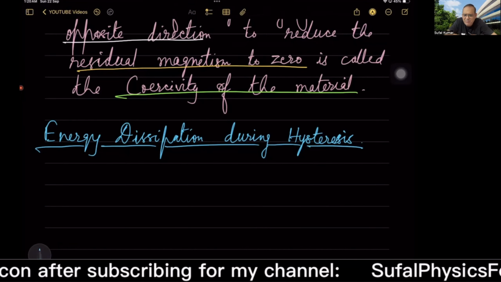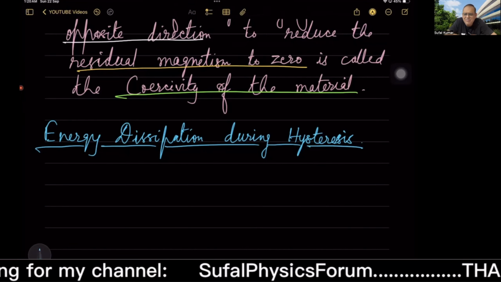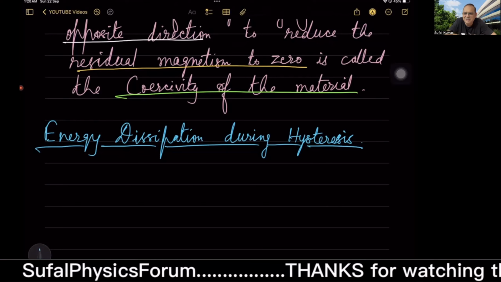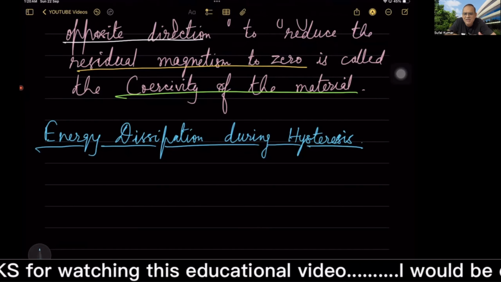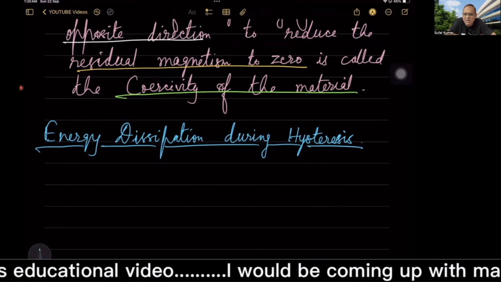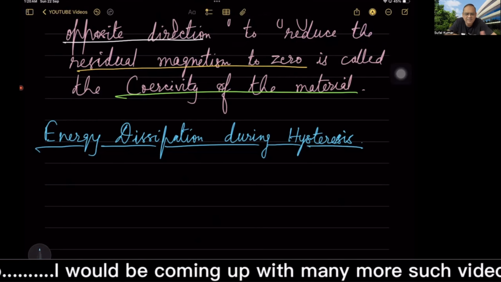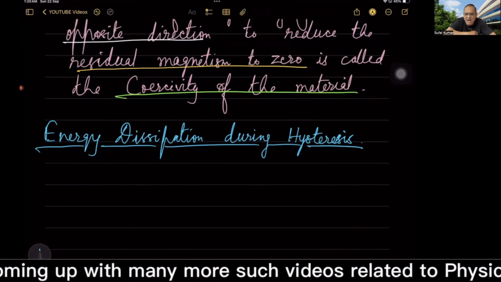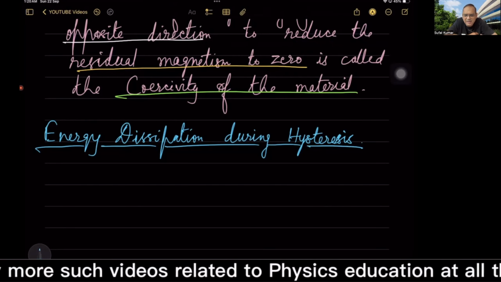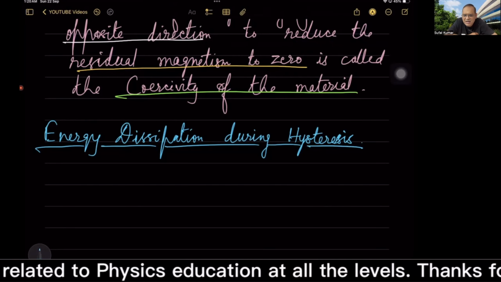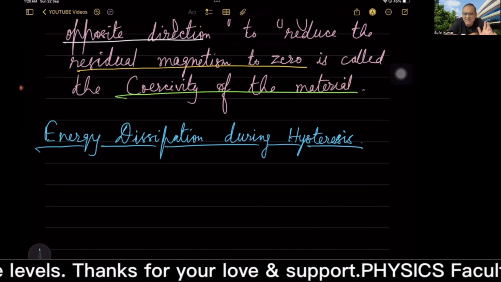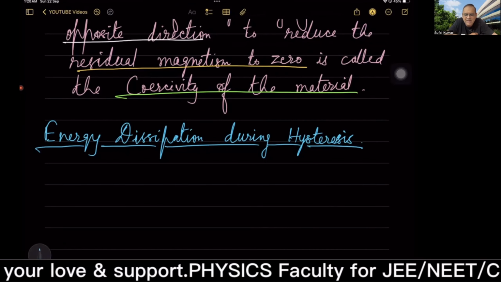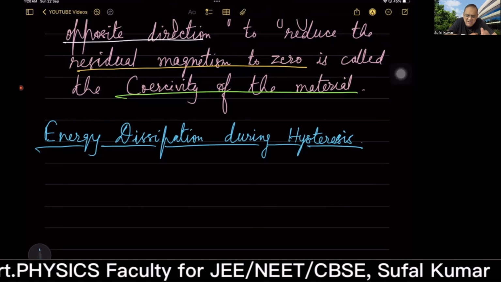Then during magnetization, some negligible amount of heat is dissipated, and during demagnetization, obviously heat should be absorbed. So that is the point. Now I'll be associating this fact while comparing soft iron and steel. That means electromagnets and permanent magnets.